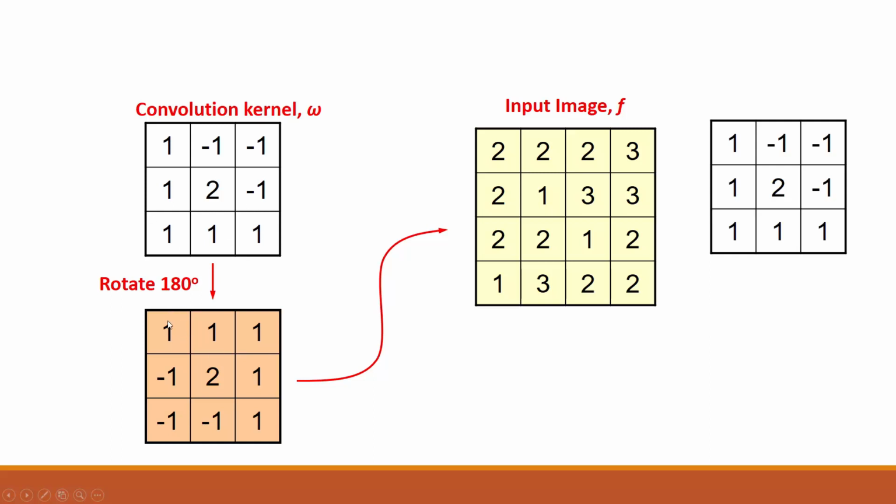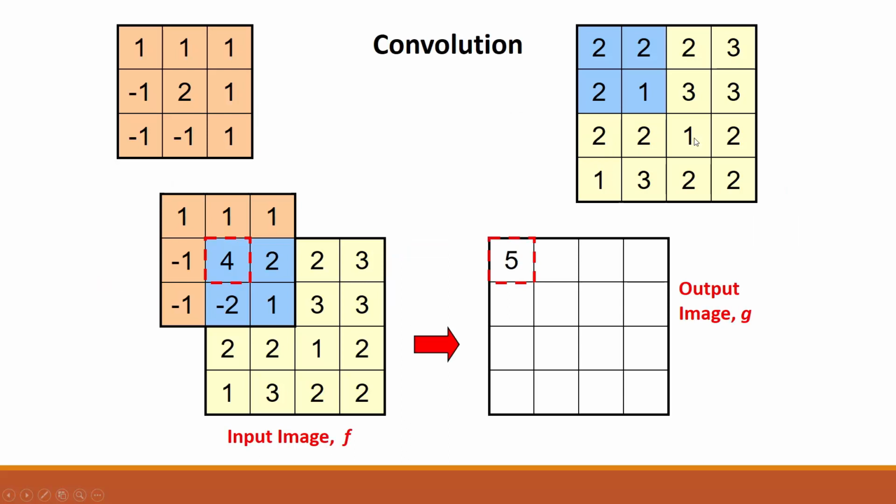Now we have to perform a similar correlation with this filter and the input image. This is a version of the original filter function rotated by 180 degrees. So 2 will be multiplied with 2, since this 2 is placed at this position, and here we have to put zeros.